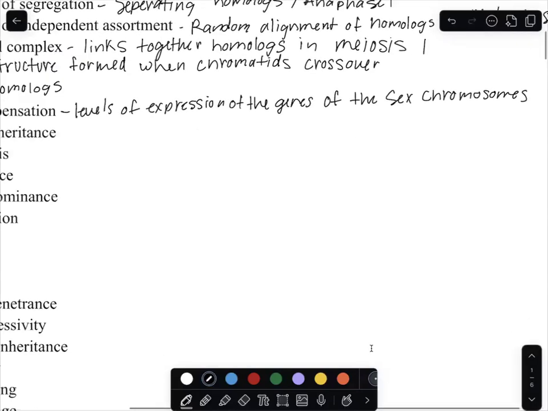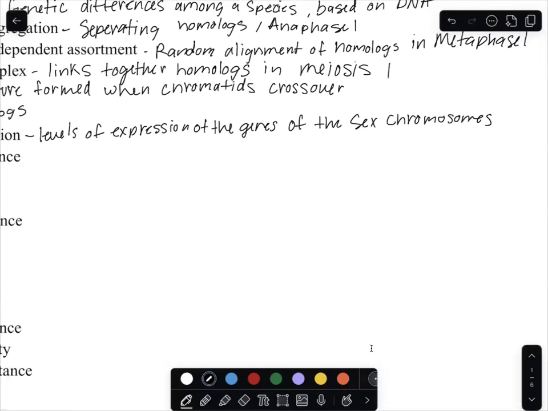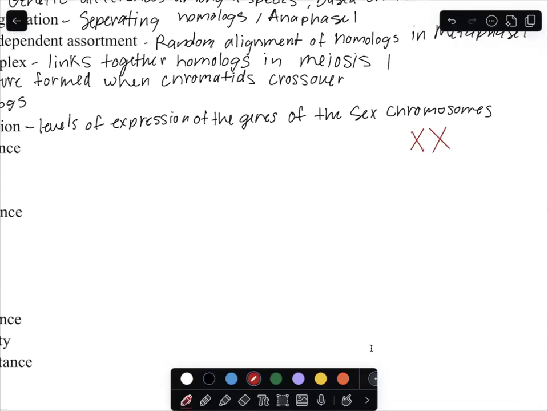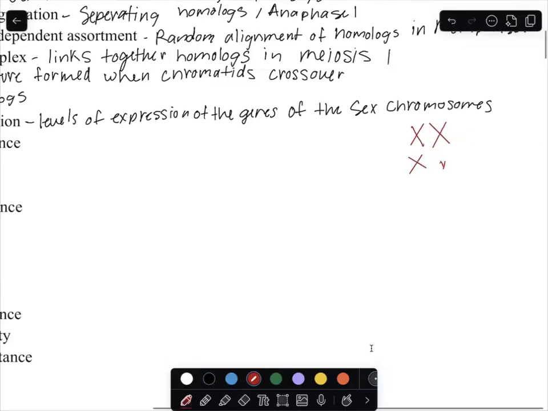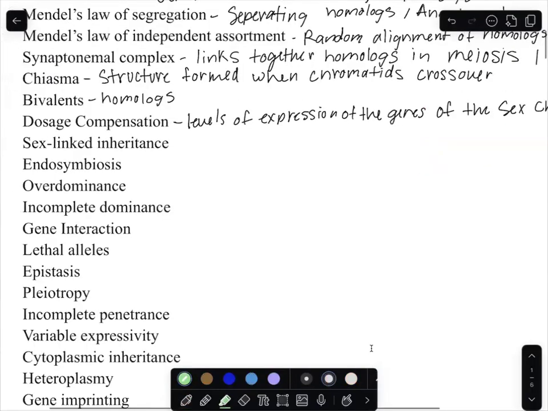Okay, so an example of this is our X chromosomes are huge, right? So we have lower expression of our X chromosomes versus our Y chromosomes, which are tiny. So we have higher levels of expression in these sex chromosomes.